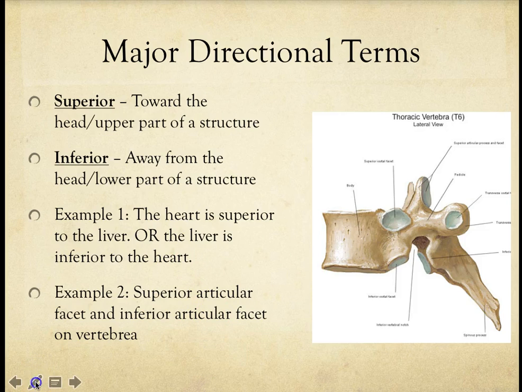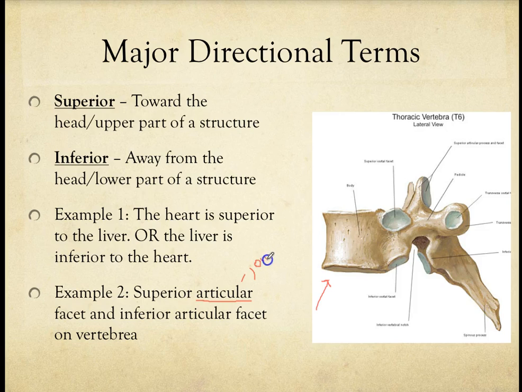In this bone here, this is actually a vertebra. It's a thoracic vertebra, so one that's in your chest. You have what are known as superior and inferior articular facets. So an articulation, this term right here, is a very fancy way to say joint. So basically, whenever you see the term articulation, it's simply meaning a joint where two bones come together.